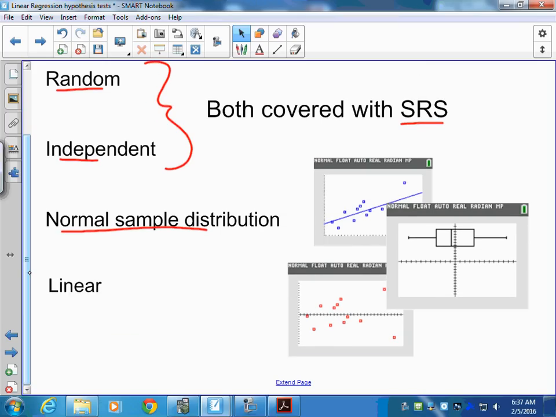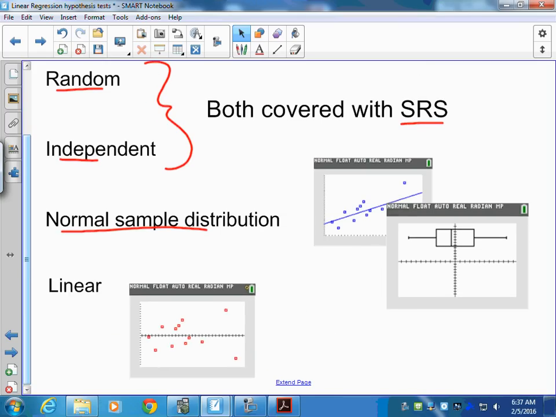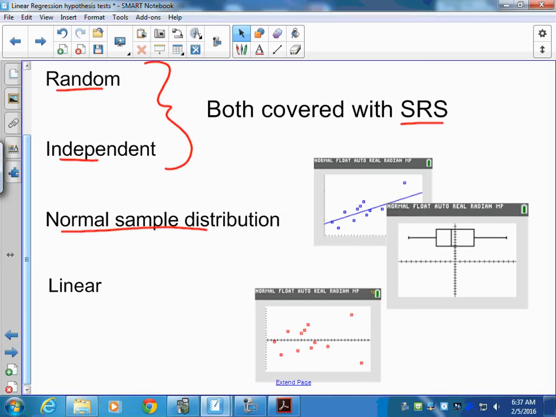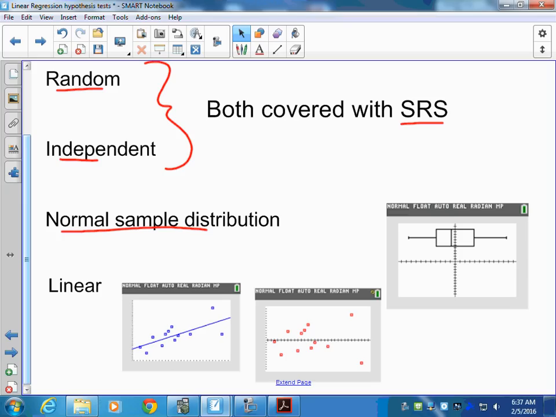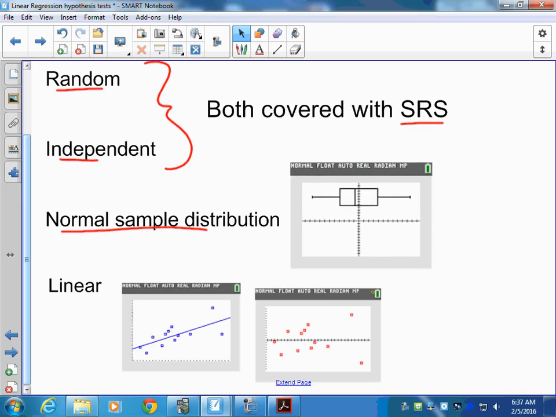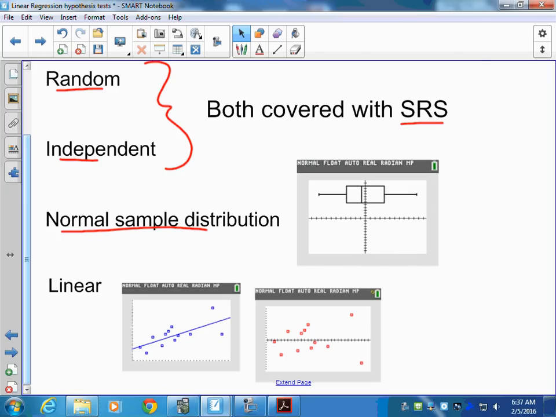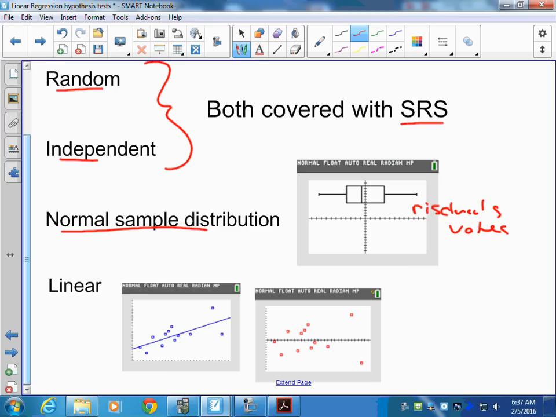Now our normal distribution. It's not actually a linear process, but when we try to prove something to be normal, just like we had back with the mean value, we have to do a box and whisker, but this is a box and whisker on the residual values. So you have to do a residual plot, which you'll need to prove our last assumption, linearity.